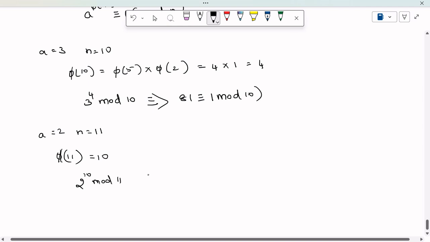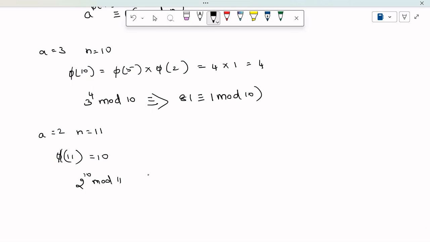You can try it out. So 2 power 10 is 1024. So 1024 is congruent to 1 mod 11. So by this we can show that 2 and 11 are relatively prime.